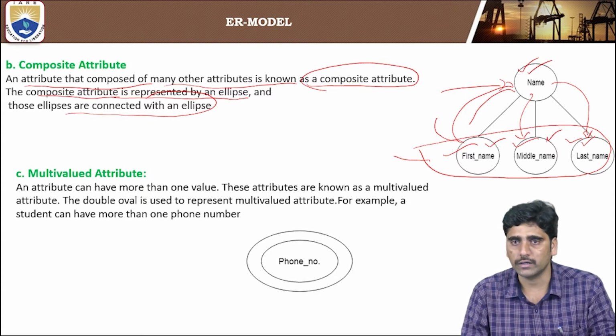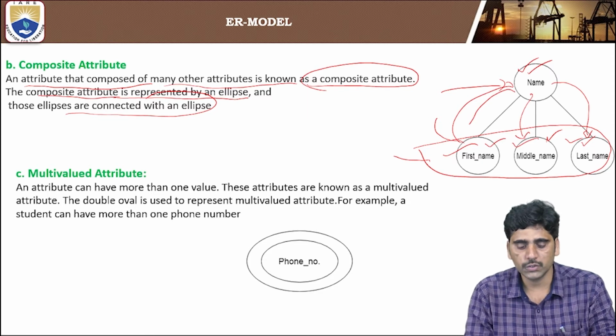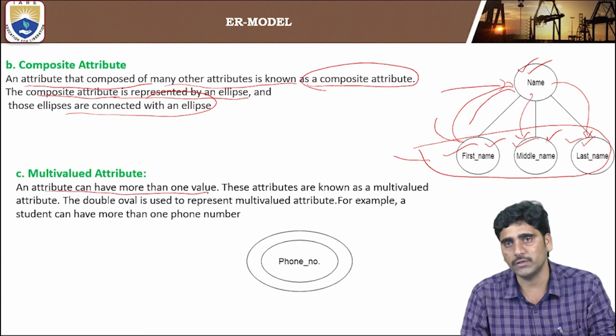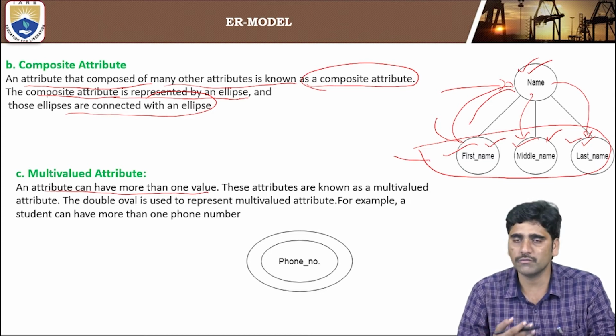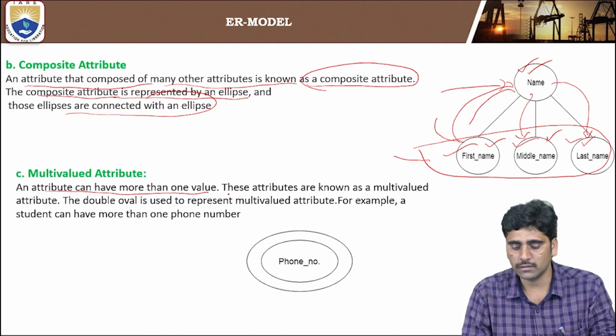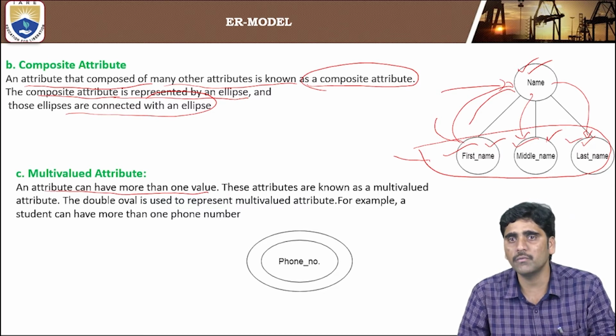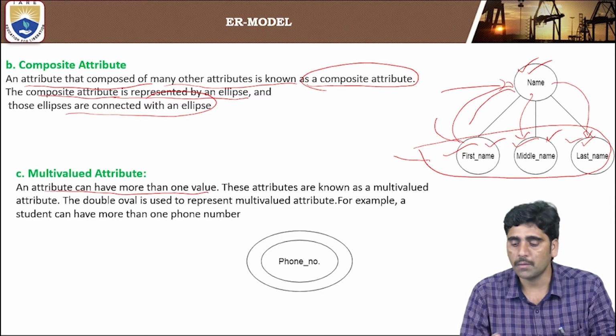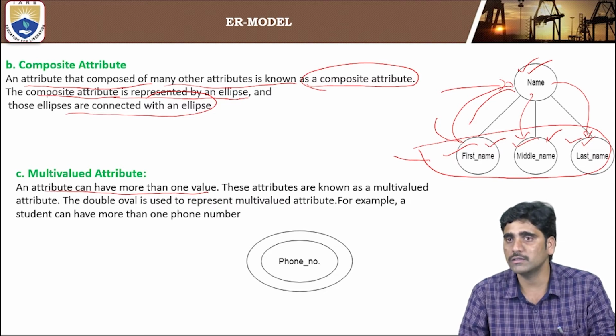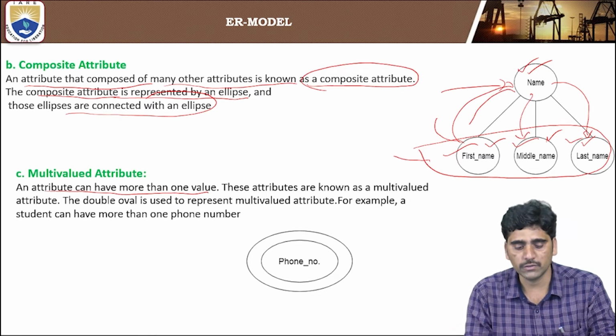And multi-valued attributes. An attribute can have more than one value. Generally a person can have more than one mobile, more than one dress, more than one anything, right? Composite attribute means more than one generated attribute, but with a multi-valued attribute, a single attribute generates multiple values.